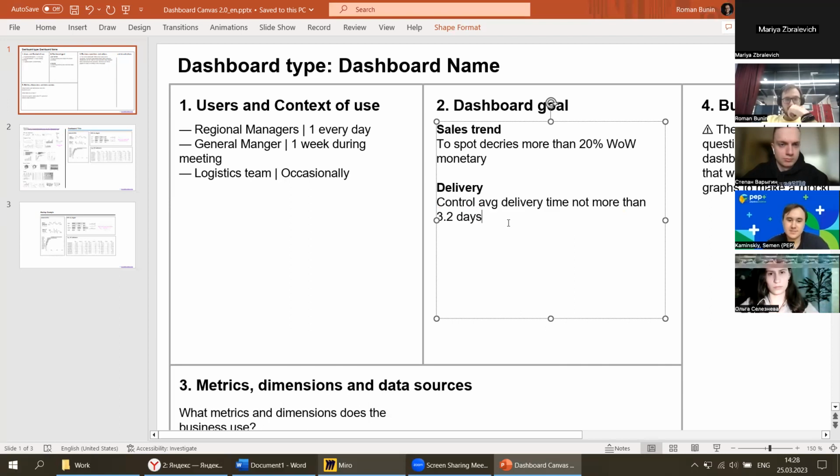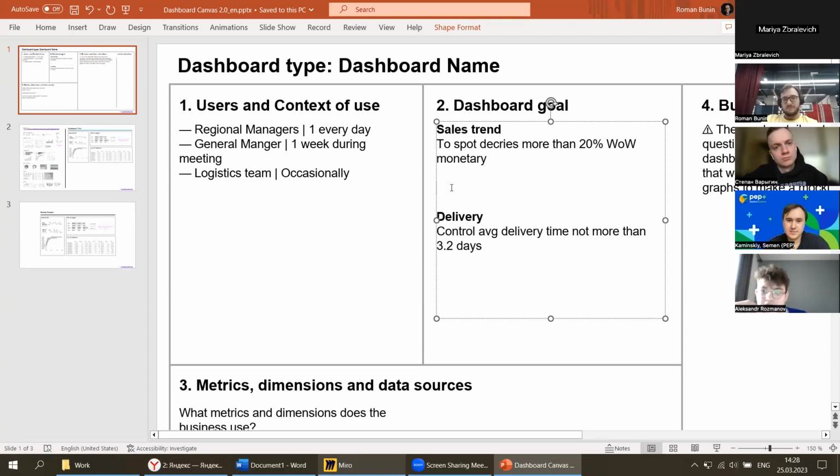Maybe it's possible to add something regarding the promotion and advertising points which you mentioned. It would be nice. Yeah. Okay, how do we put it? One of the main goals is to use the dashboard for the promotion of the product, as far as I remember, and to send it to the suppliers.